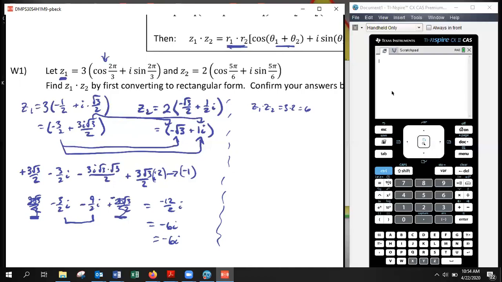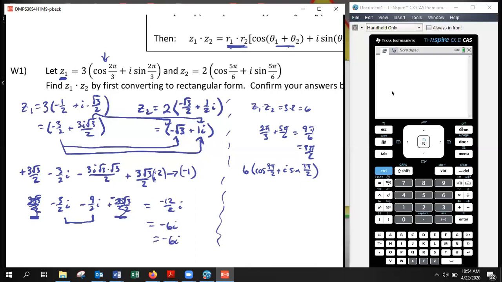If we add our angles, 2 pi over 3 plus 5 pi over 6, using a common denominator, we end up with 9 pi over 6, which is 3 pi over 2. So multiplying them together, we end up with 6 times cosine 3 pi over 2 plus i sine 3 pi over 2.